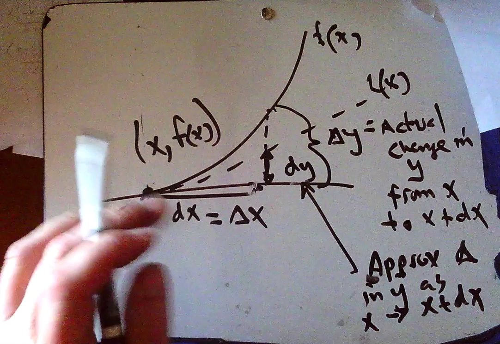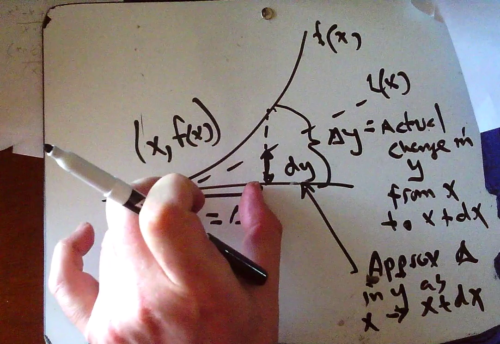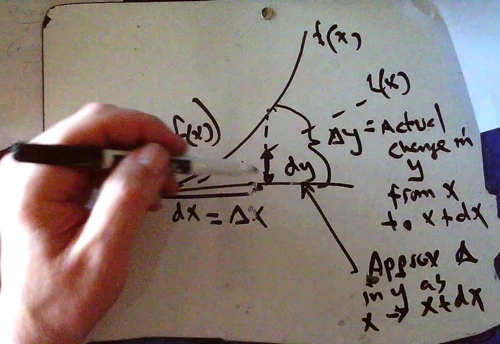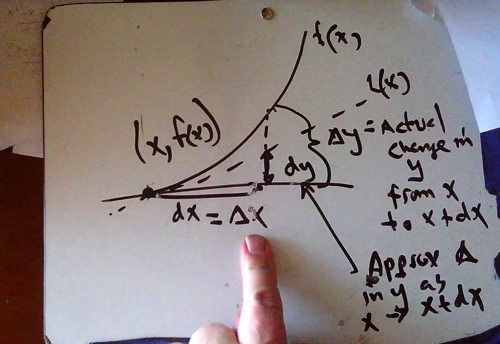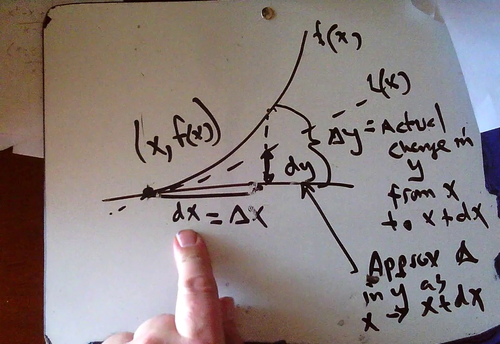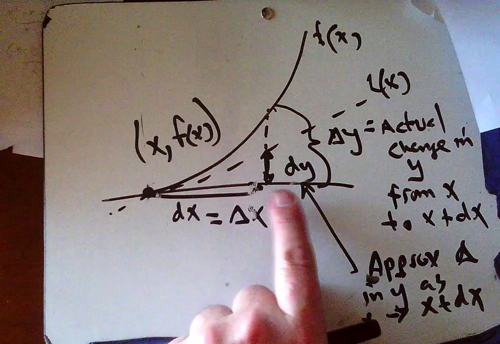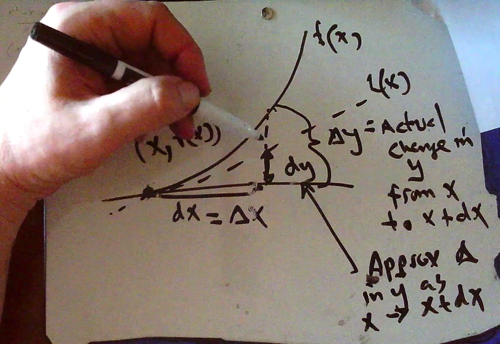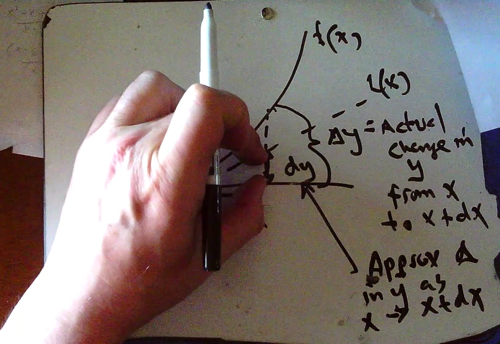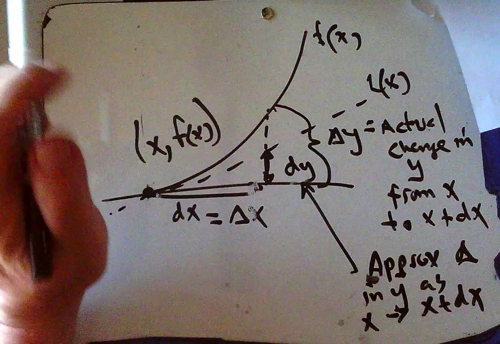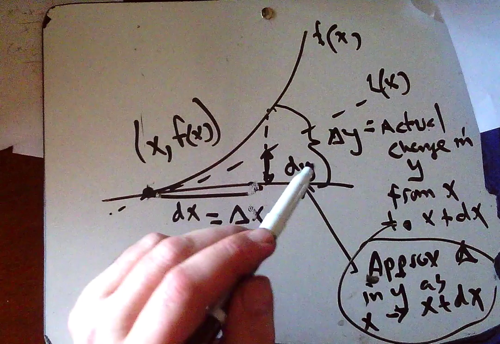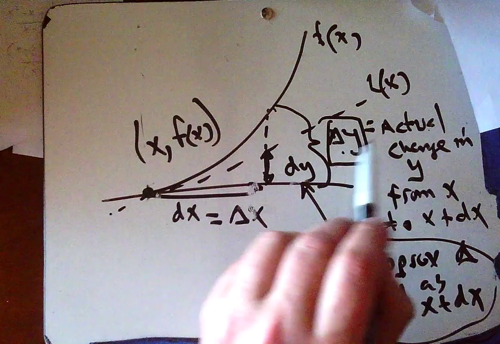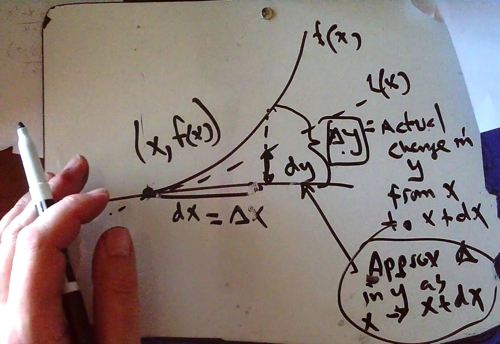Okay, so these are the same, but these are different. Because in this situation, the actual change and our approximation of change, same amount here. But we see two different possible changes in y. We see the dy, the differential dy, which is an approximation of the change in y. It's close, but it's not the actual delta y. That's the actual change in y.